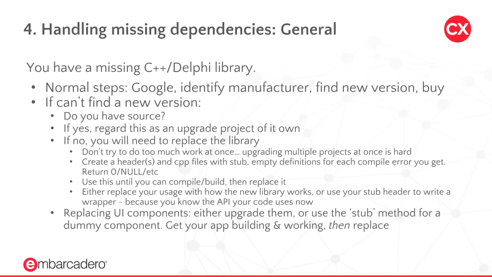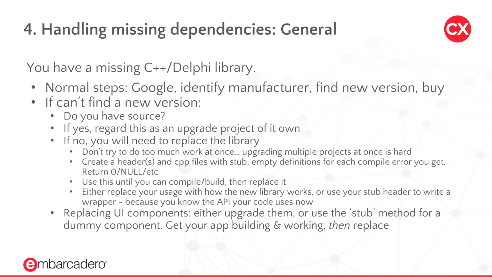you might want to see, say, a blank rectangle where the old visual component, whatever it was, used to be, then you can create a dummy component. So rather like with a library where you might create a header or headers and some C++ files with stub or empty definitions, you can do the same with a component. Just create a new one descending from TComponent or TWinControl or whatever's appropriate.